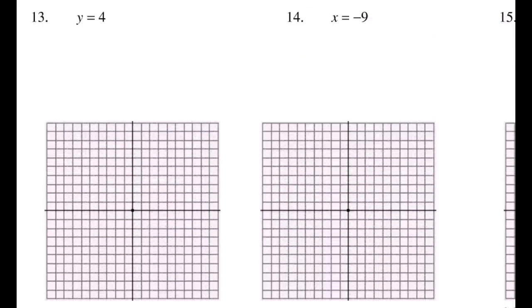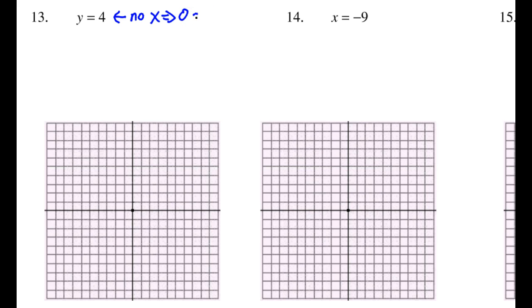Let's review these over here. So y equals 4. Notice how there's no x, which means there's no slope. No x implies 0 slope.